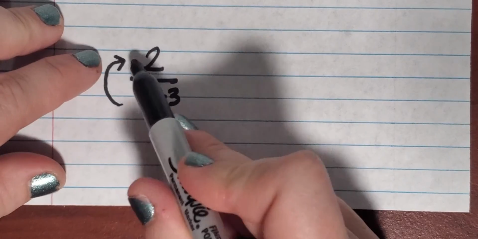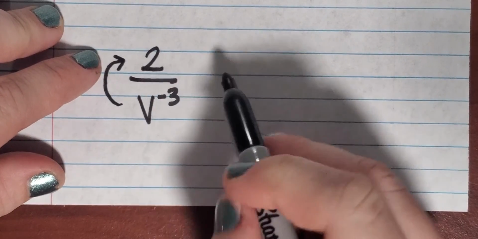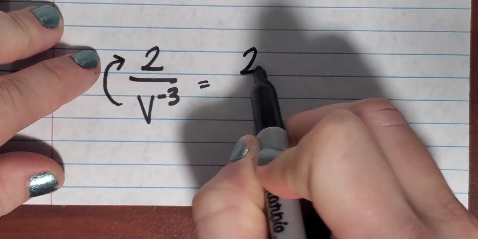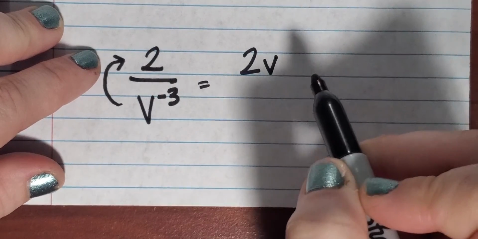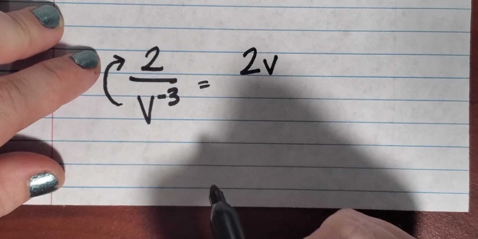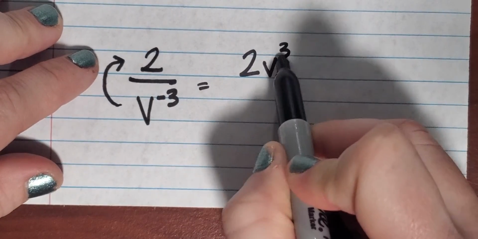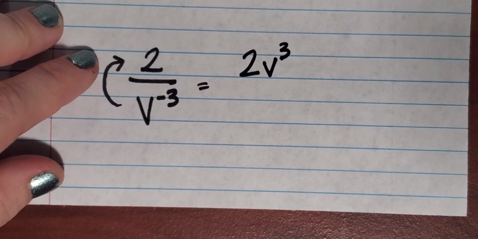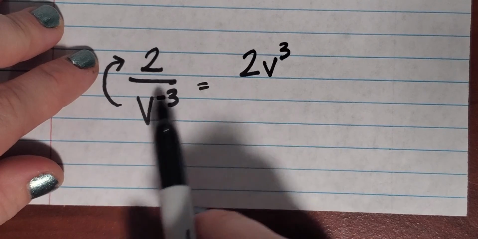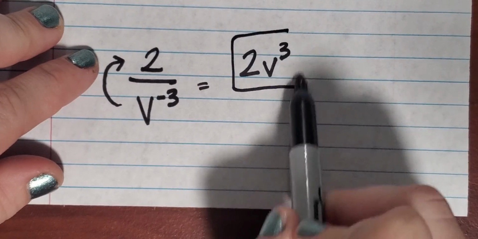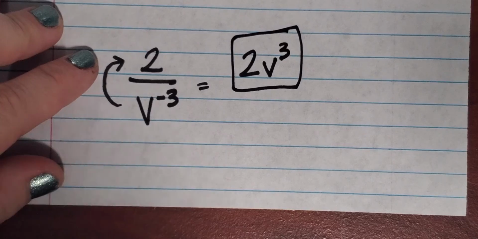So when I move this v to the negative third up to the top, it is now attached to the 2, since the 2 is already on top. And then once I move it, my negative sign goes away. So this would be my final answer once I move my negative exponent.